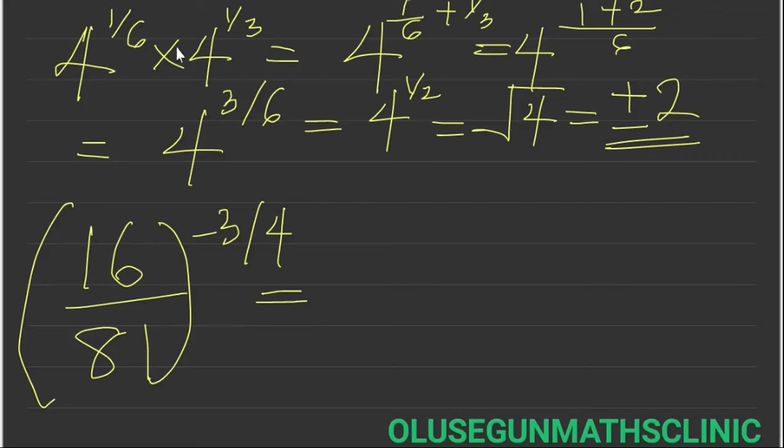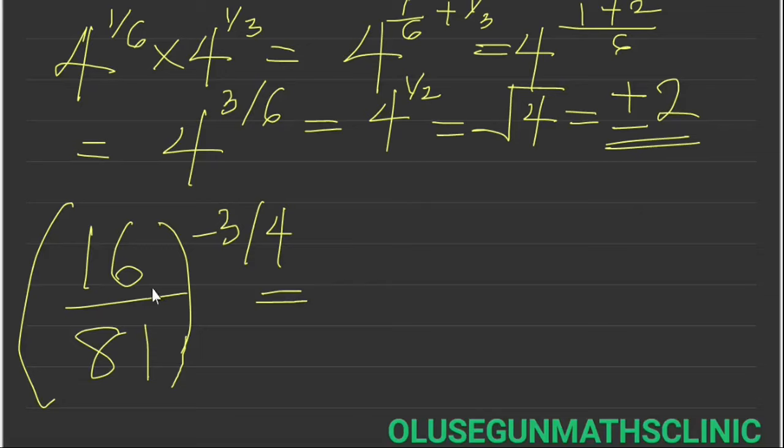Now, a question is in this form. If a question says 16 over 81, all raised to power minus 3 over 4, how do you do this?